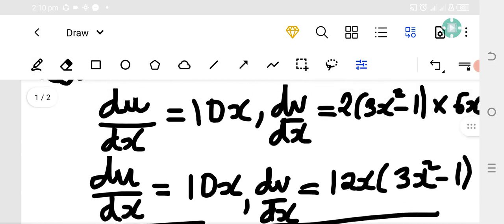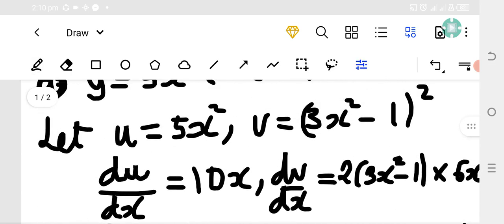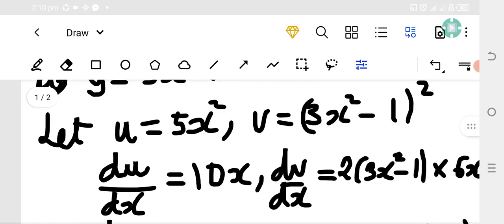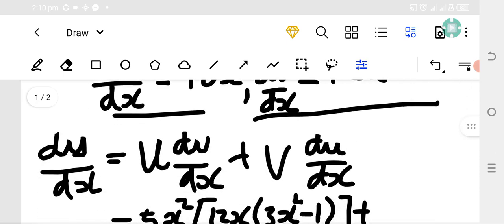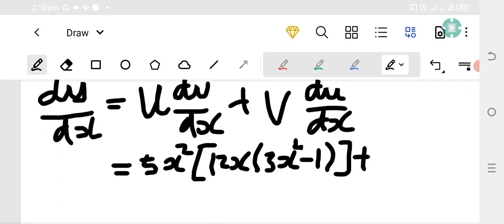Your v is (3x squared minus 1) raised to the power 2. Then your du/dx is 10x, so 10x multiplied by (3x squared minus 1) raised to the power 2.